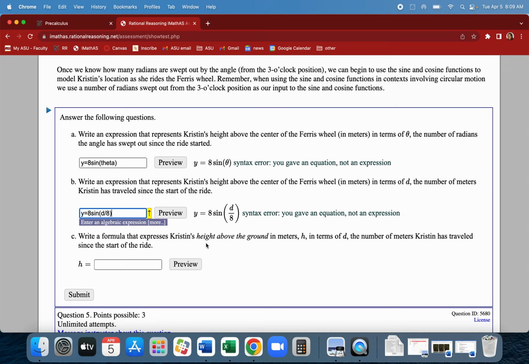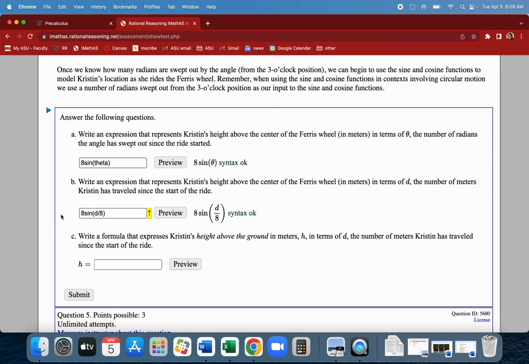Let's see. Oh, write an expression for her height. Sorry. So her height based on angles, or her height based on number of meters traveled around the circumference of the circle, or meters traveled in her basket around the Ferris wheel.